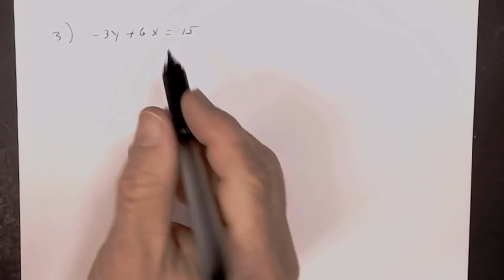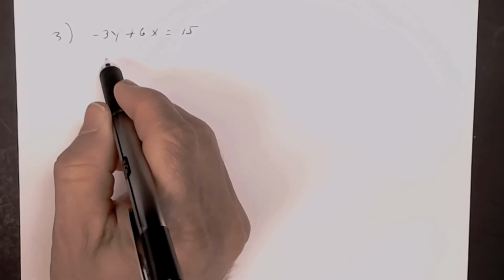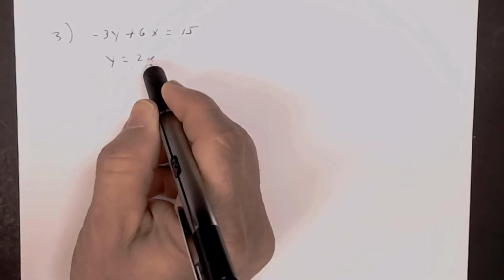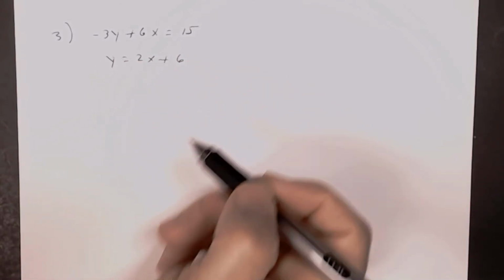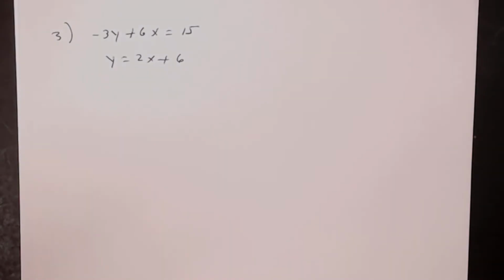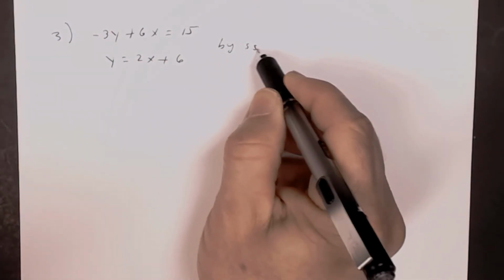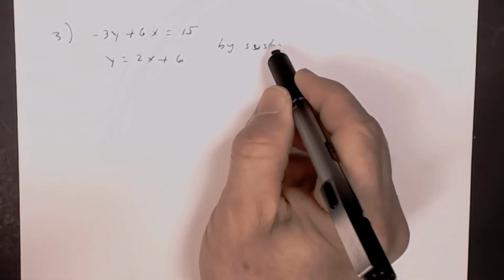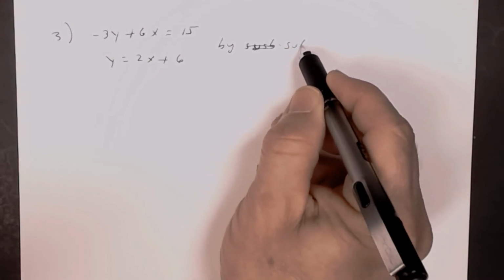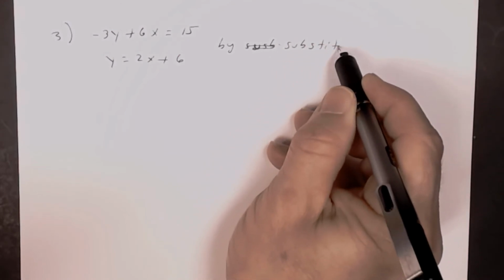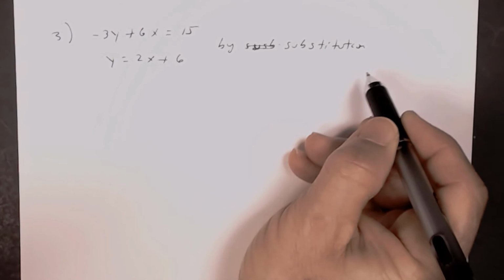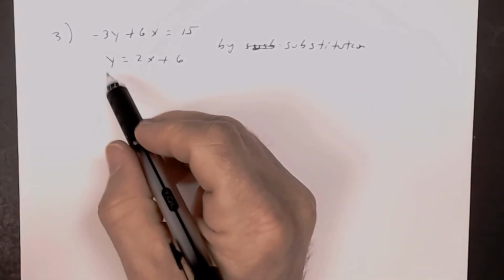And then the other equation of the system is y equal 2x plus 6. So the way the system's set up, it's easier to use substitution. So we're going to do this by substitution, and the reason is because the variable y is already by itself.